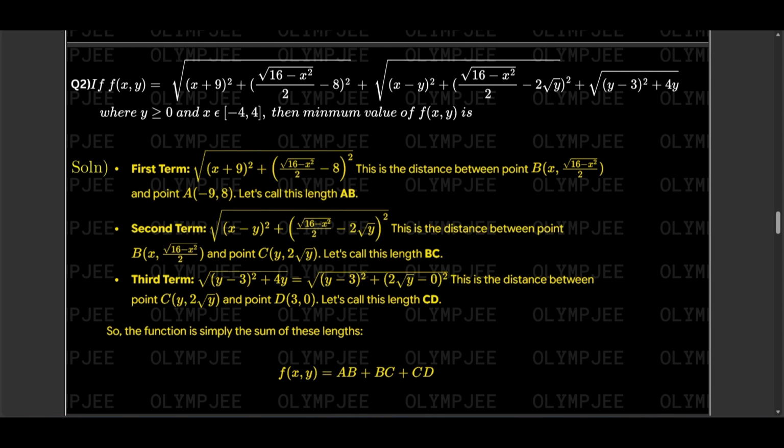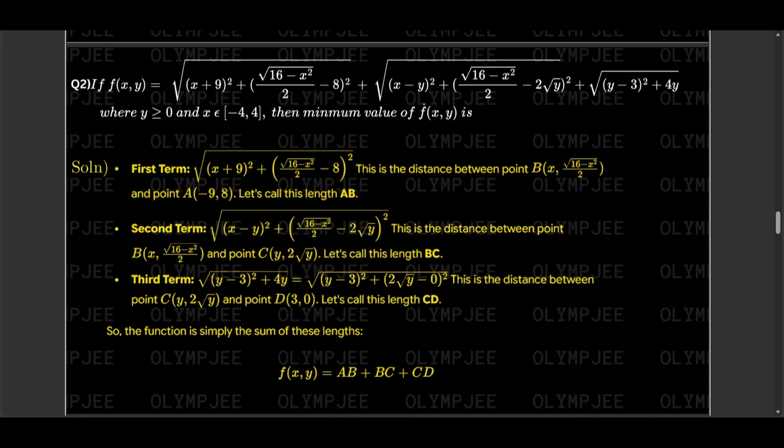So if you look at the first term, you will notice that this minus 9 and 8 are a fixed point. So we can denote this minus 9 comma 8 by a fixed point A, and this is the distance formula between point A and point B, whose equation is given as x comma root of (16 minus x square) by 2.